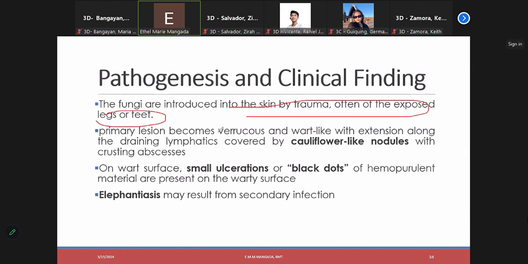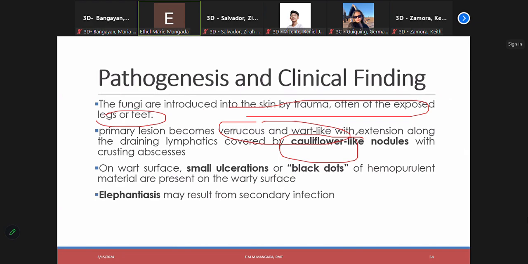Primary lesions can become verrucous or wart-like. Kanina nakita nyo yung itsura ng verrucous, para siyang crumpled or wrinkled. Parang itsura din ng mga colonies. Or yung cauliflower na lang. Kung nakakita na kayo ng cauliflower, di ba? Yung itsura po niya wart-like. So, ganun daw yung itsura ng mga lesions sa chromoblastomycosis.